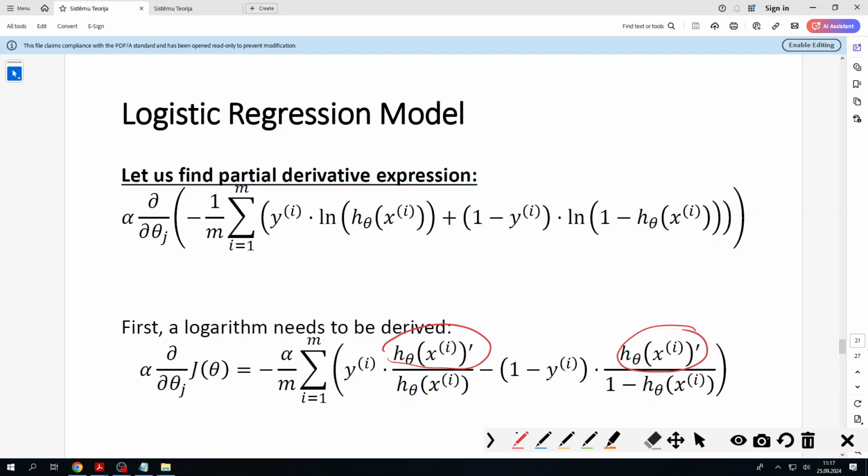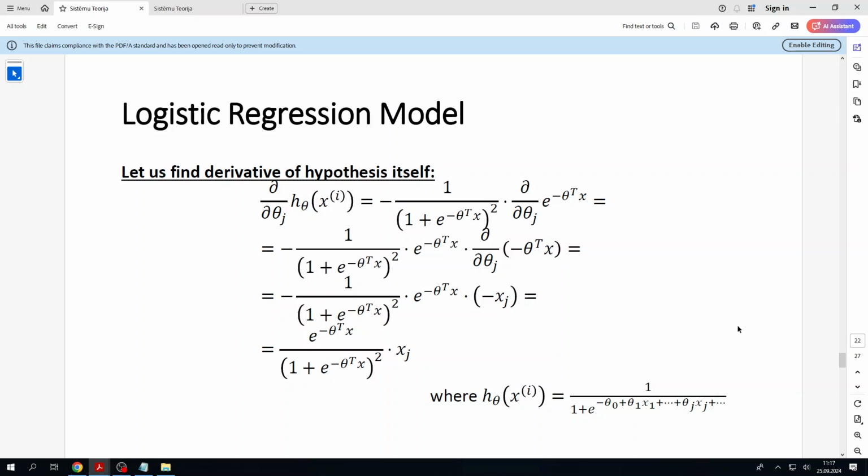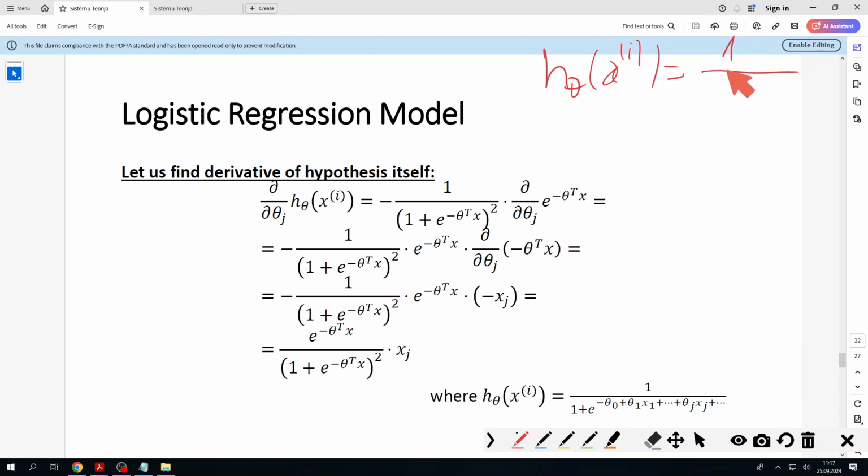We can do that separately, what we are doing here. So let me remind you that the hypothesis was 1 divided by 1 plus e to the power of minus theta transposed x. So this is in a matrix form, yes.